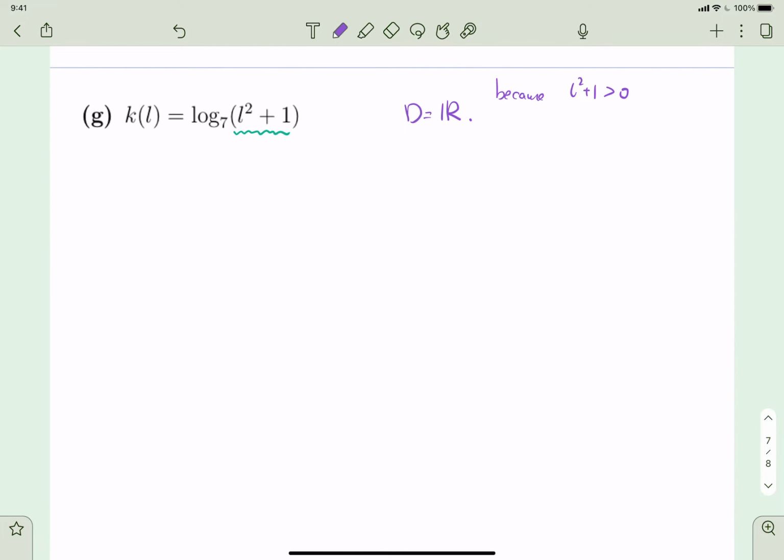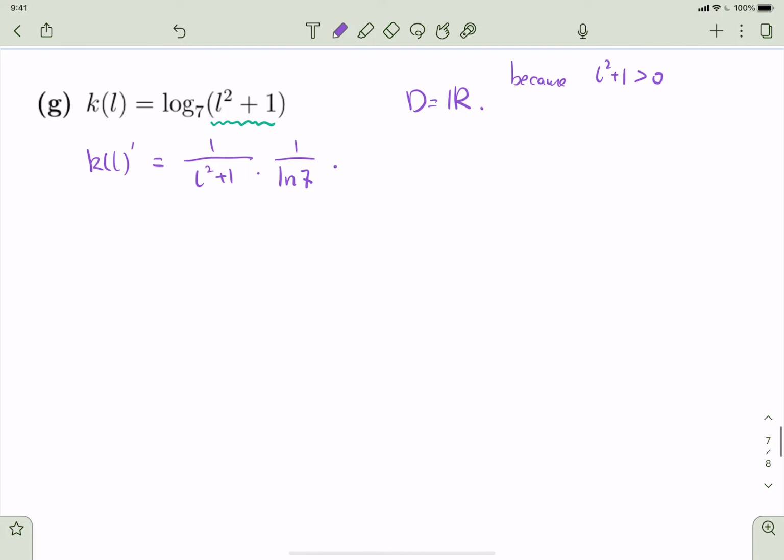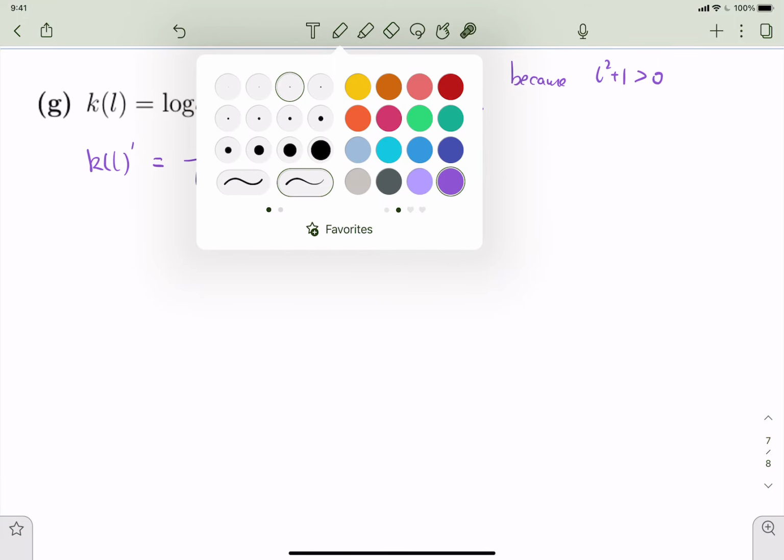And now we find the derivative K prime of L. That is by the chain rule, right? So it's 1 over L squared plus 1 times ln 7, 1 over ln 7, okay, and times the 2L, which comes from the inside function. The inside function is this one, right?